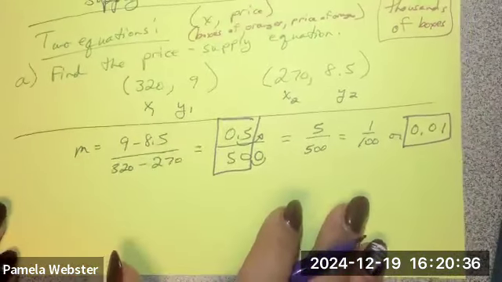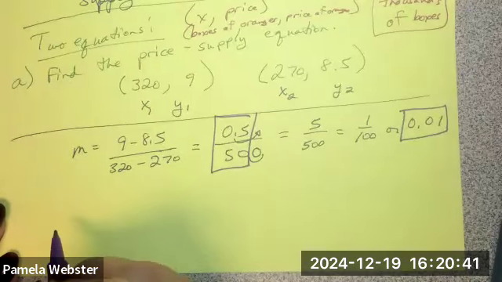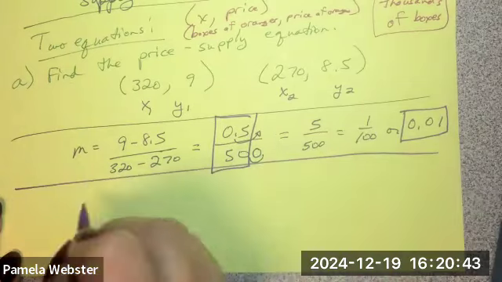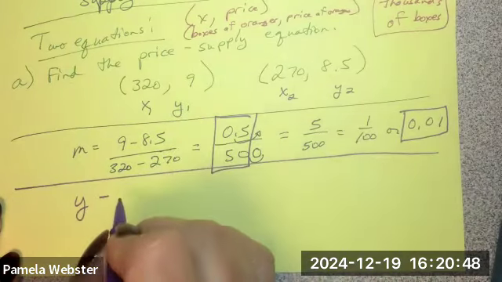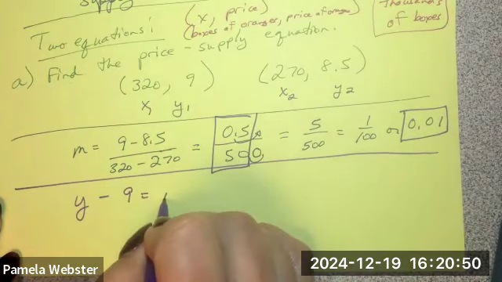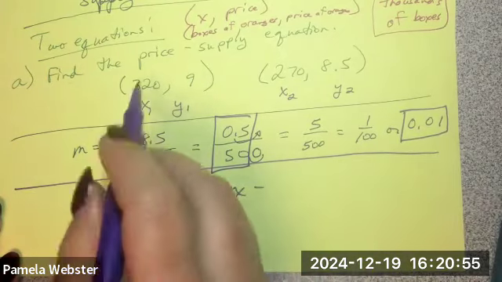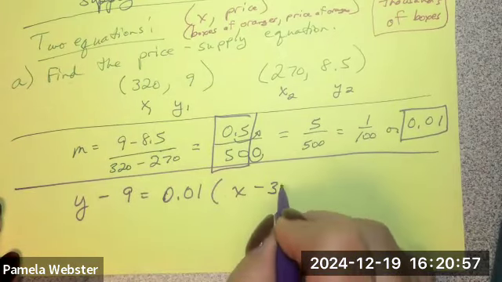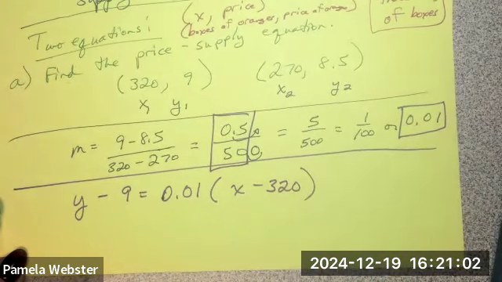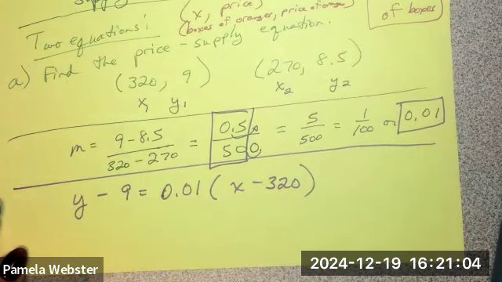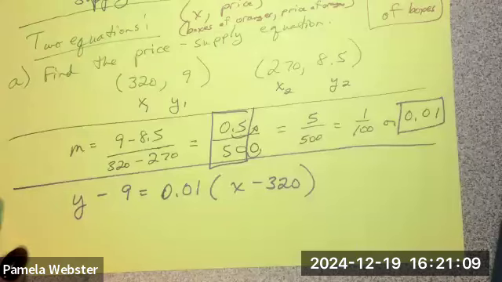And then we have 2 points here, so I can totally use the point slope formula, which is, if you remember, y minus y1. I'm going to keep going with this guy: y minus 9 equals m, which is 0.01, times x minus the x that went with this guy, 320. Now I've got a couple of things I can do. You can totally get rid of your decimal if you want to.